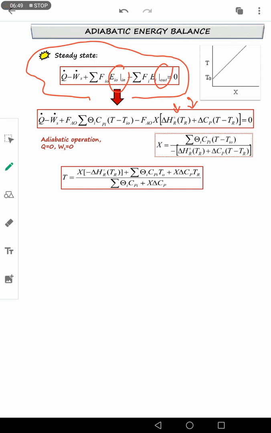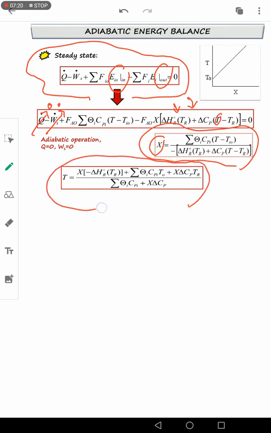So kalau adiabatic operation bermaksud heat transfer equals to 0, work is also equals to 0. So bila you masukkan 0, 0, okay, bila you kembangkan, you akan dapat, kalau kita nak jadikan X as subject of equation, equationnya akan terbentuk sebegini. So kalau you nak jadikan T as subject of equation, equationnya pun akan terbentuk seperti begini.